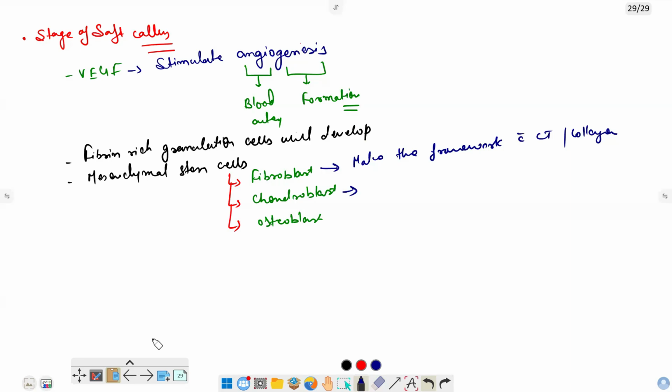The fibers are going to come from the fibroblast cell, the connective tissues, and the cartilage is going to come from the chondroblast. So the fibroblast and the chondroblast together form the callus. Chondroblast will make the cartilaginous structure, and for your information, these both will make a fibrocartilaginous structure.